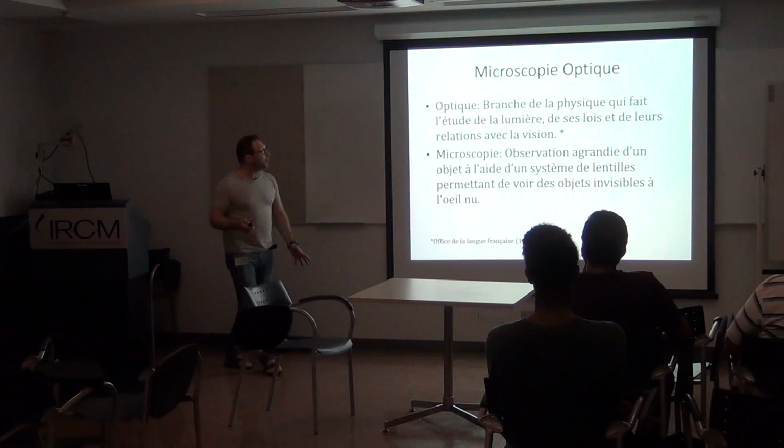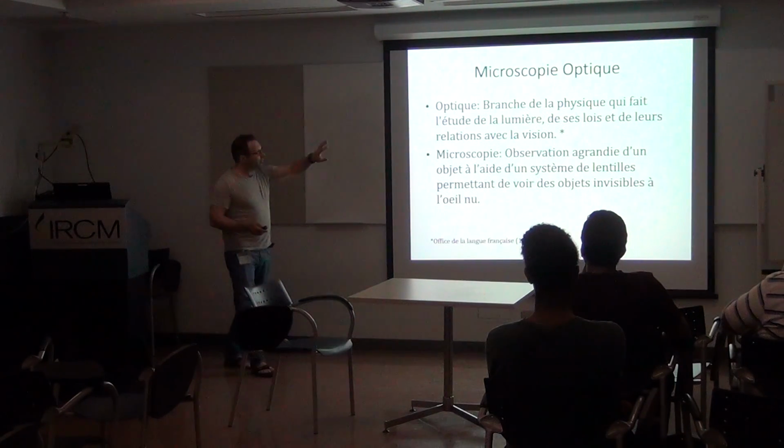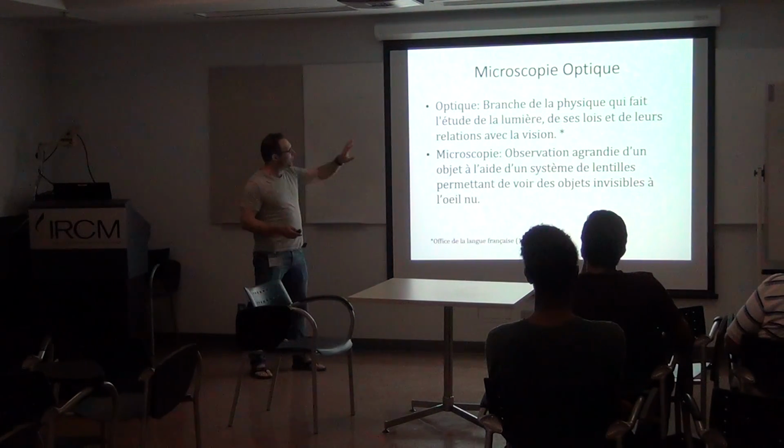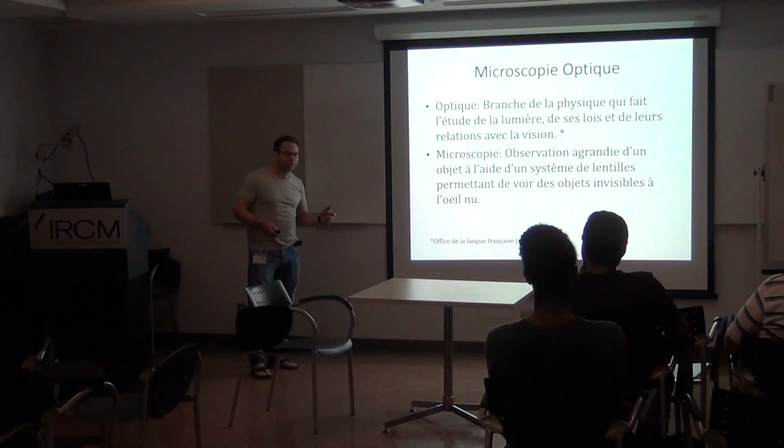So, optical microscopy. So, those are two words. So, optic. Optic is the part of physics that plays with light, with electromagnetic waves. Okay, so it's a bit different than electron microscopy, which would play with electrons.